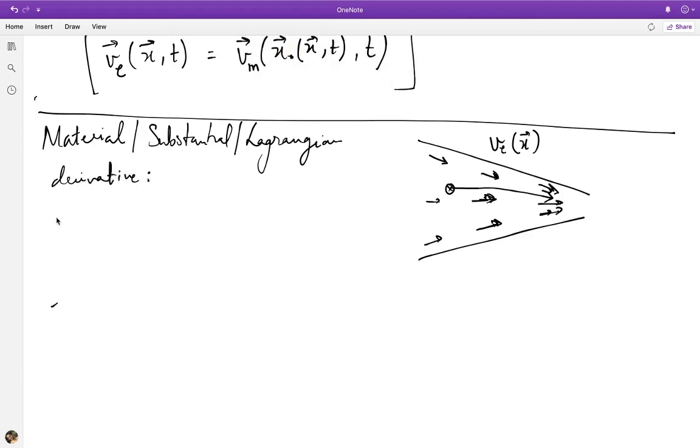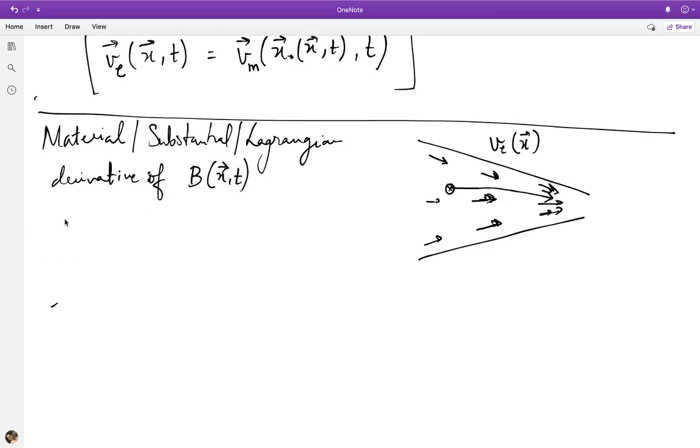So for this, let's first think about the Lagrangian derivative of a general quantity. So let's call it B, which has some Eulerian description. And B is some scalar quantity. It could be the temperature, it could be the density, or it could be a component of the velocity field. So we will just use B as a placeholder here.